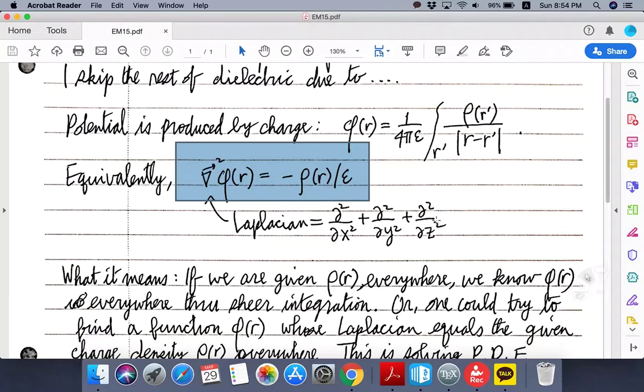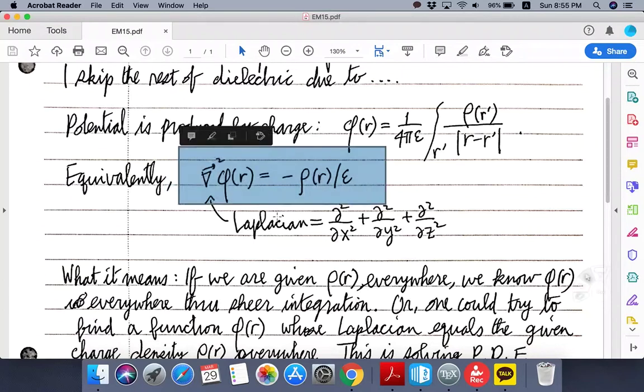So the relation says that if you take the Laplacian of the potential function, then it equals the local charge density up to some factor. And the Laplacian is nothing but the sum of second derivatives in each coordinate direction. This differential equation seems to be quite simple, but that's only the appearance of it. The actual solution of this is usually not simple at all.